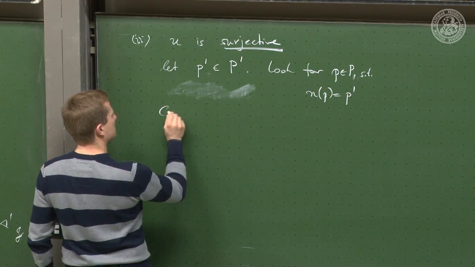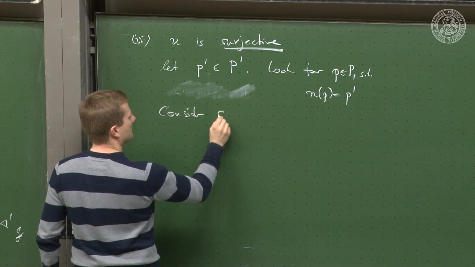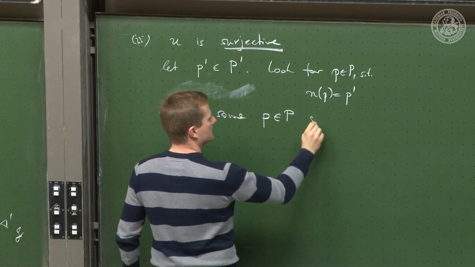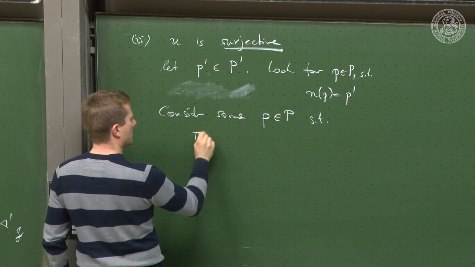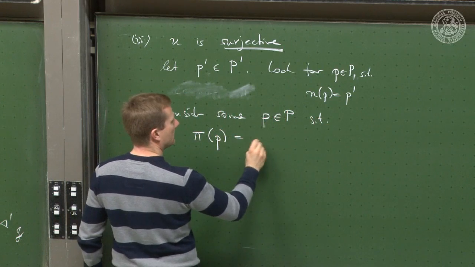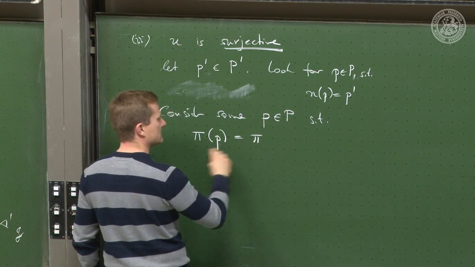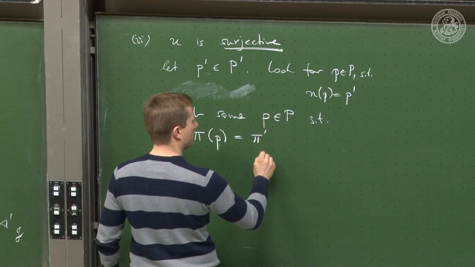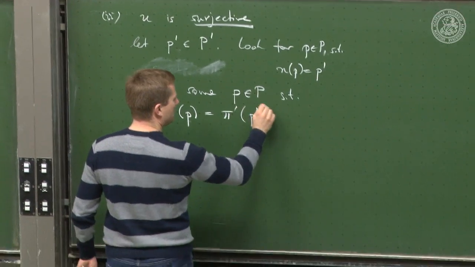And consider some P in P such that pi of P has the same base point as the pi prime of the P prime has.